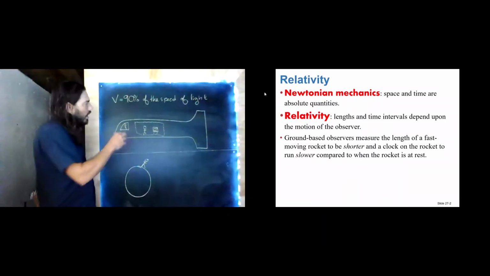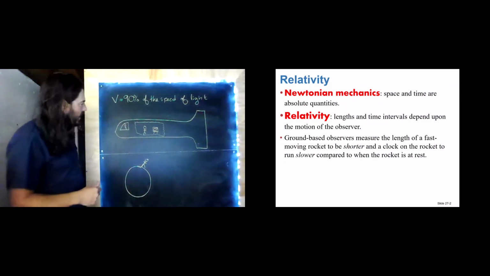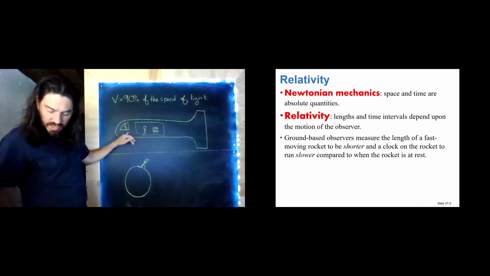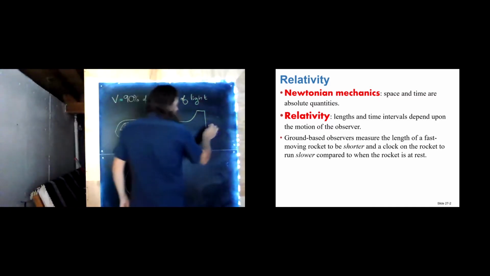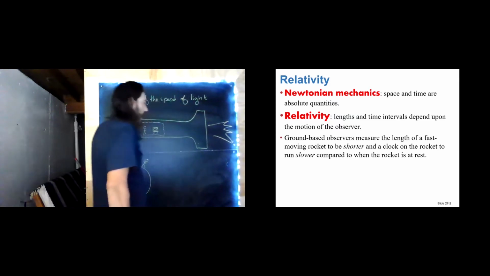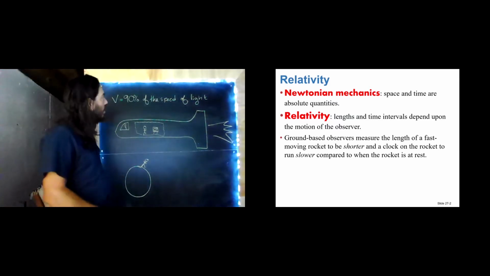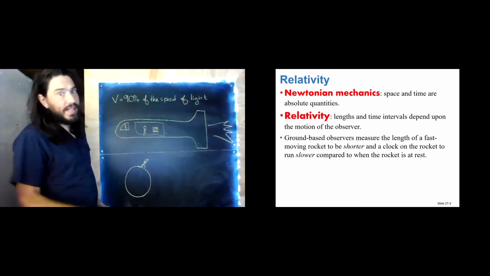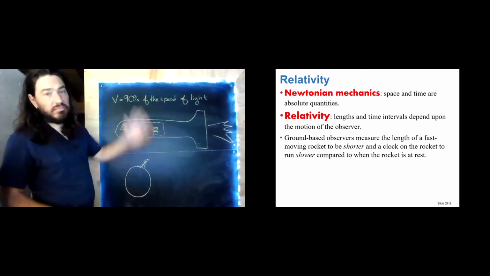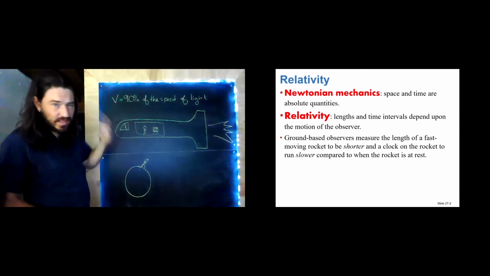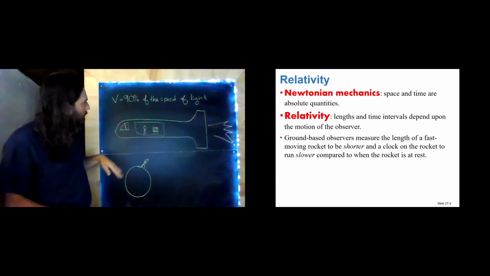Here I am in my super fast Speedo 5000 rocket ship, going through space real fast. In fact, it's going 90% of the speed of light. Humans don't have a spaceship that goes that fast, so this is a thought experiment.